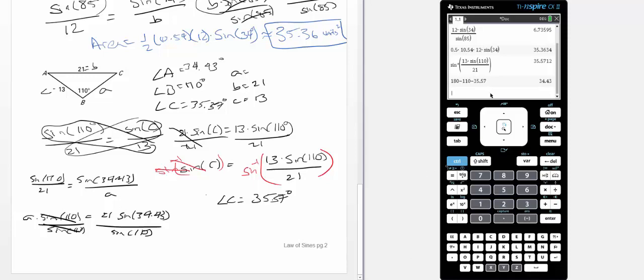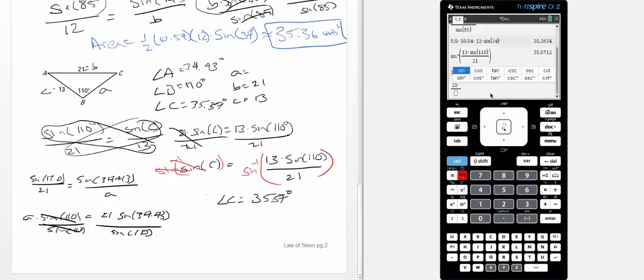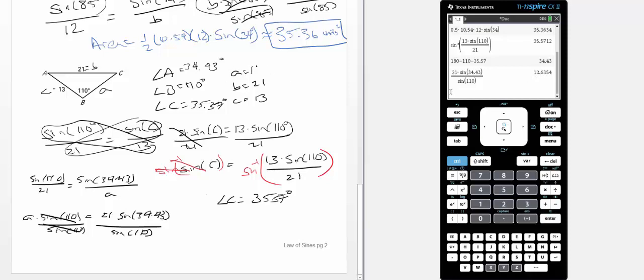And again, I'll type that on my calculator. Fraction, 21 times sine 34.43, and on bottom is sine of 110. And this tells me that A is 12.6354 or 12.64. And here is my triangle completely solved.